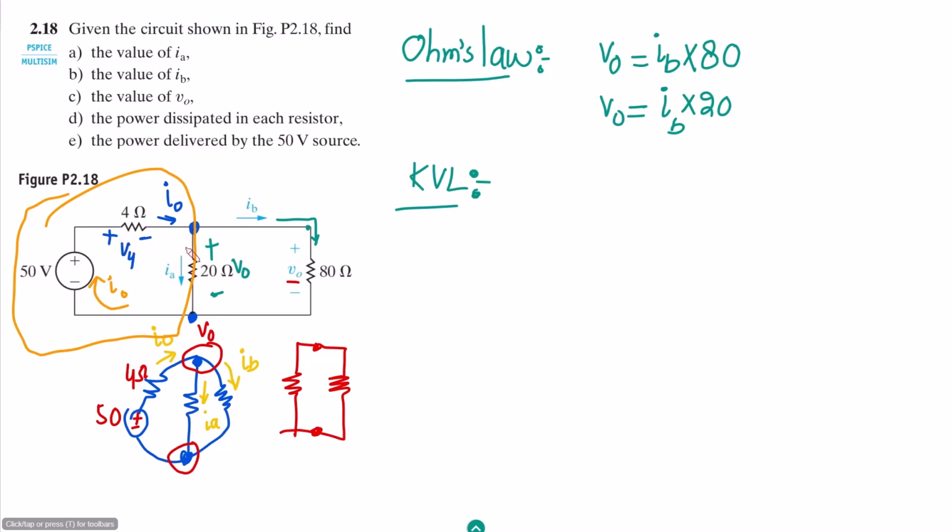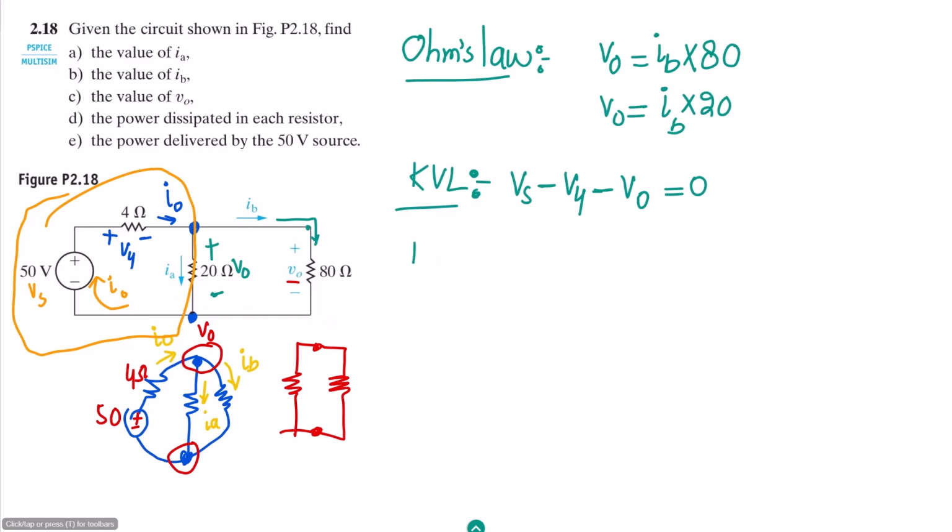This is a voltage drop, and this is the 20 ohm resistor, and we know the voltage drop across it is V0. So if we want to write the equation here, if this is Vs, the KVL equation will be Vs, which is the voltage rise, minus V4, which is the voltage drop here, and this again a voltage drop, minus V0. This must be equal to 0. So this is another equation which we are going to see here.